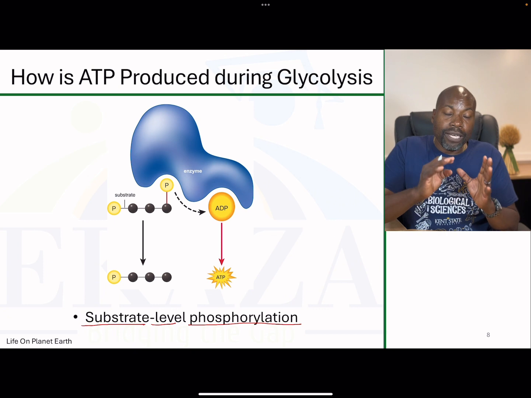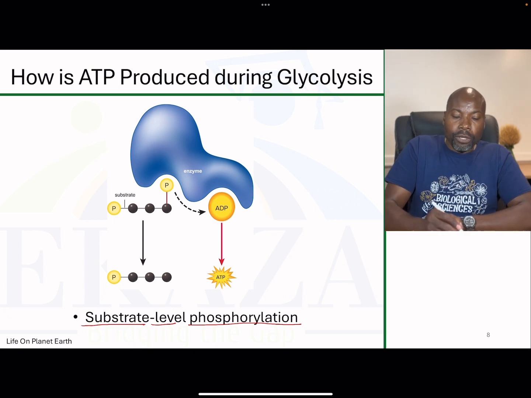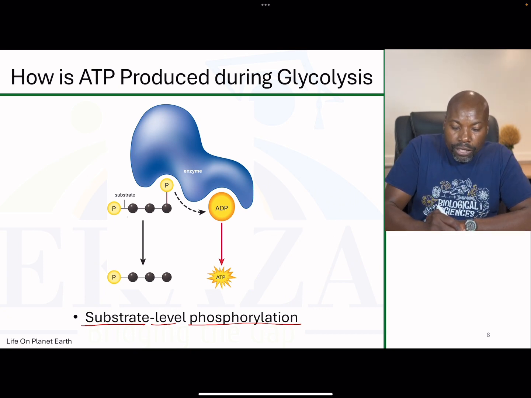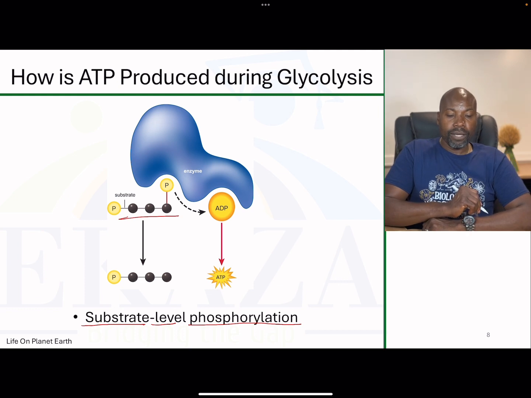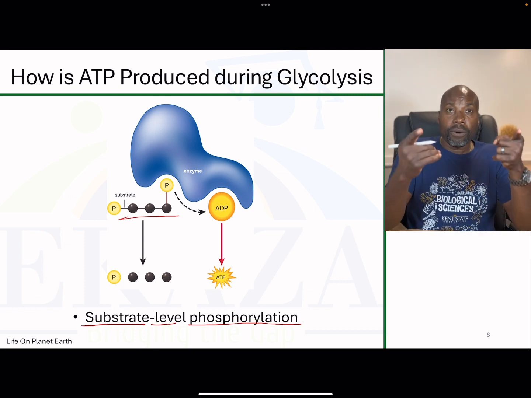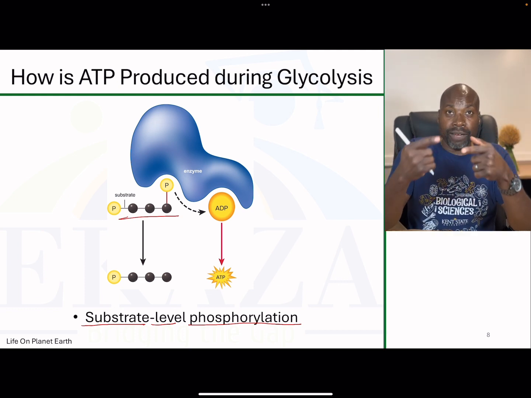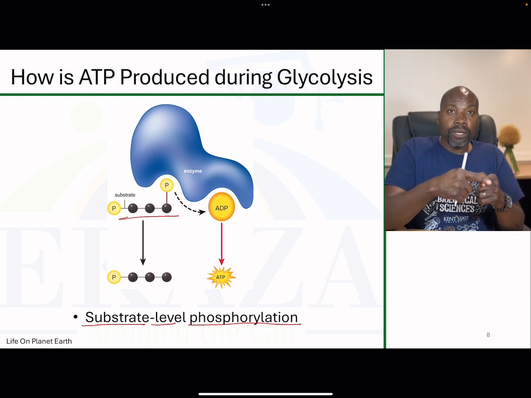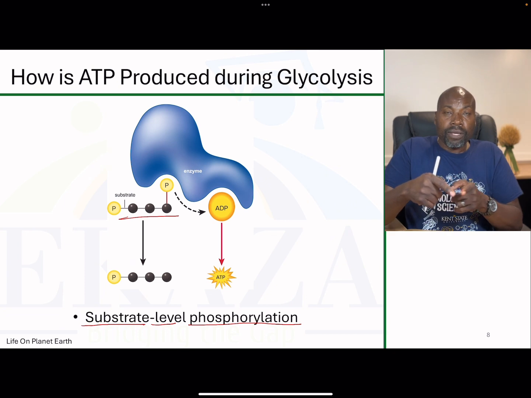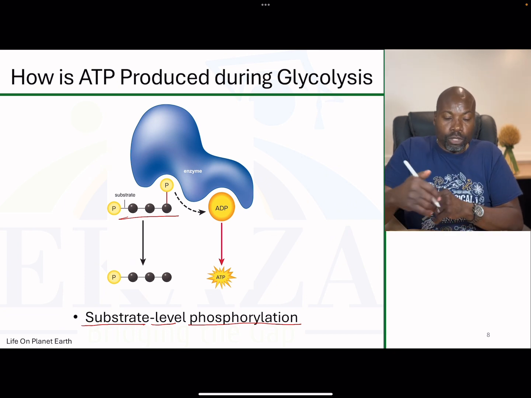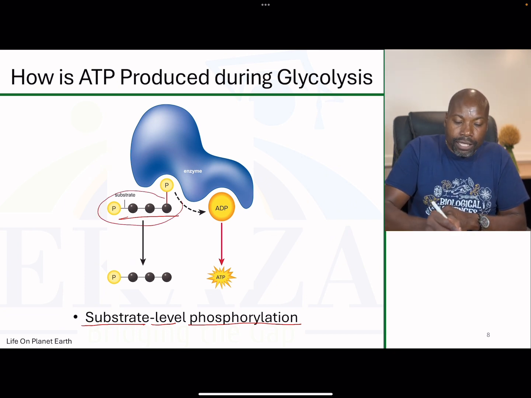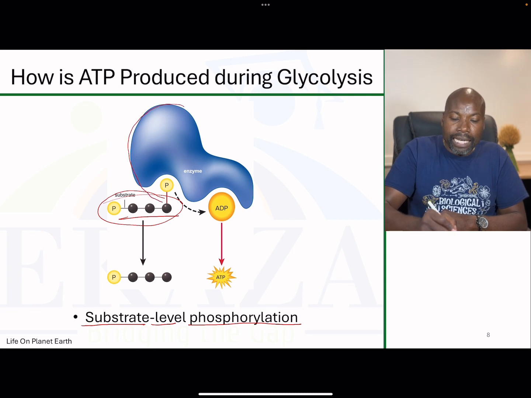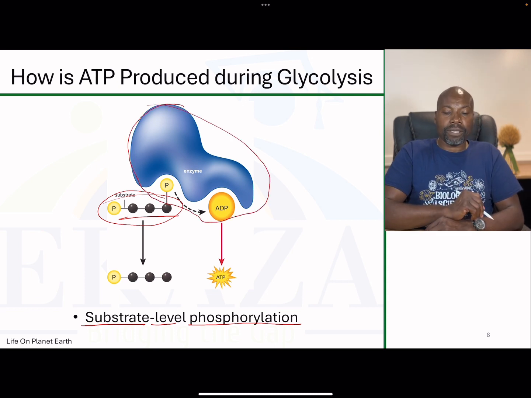Substrate level phosphorylation means that you have this molecule right here that, remember, we started with glyceraldehyde 3-phosphate, right? That glyceraldehyde 3-phosphate became 1,3-bisphosphoglycerate. So this is a substrate for this big enzyme right here, okay?